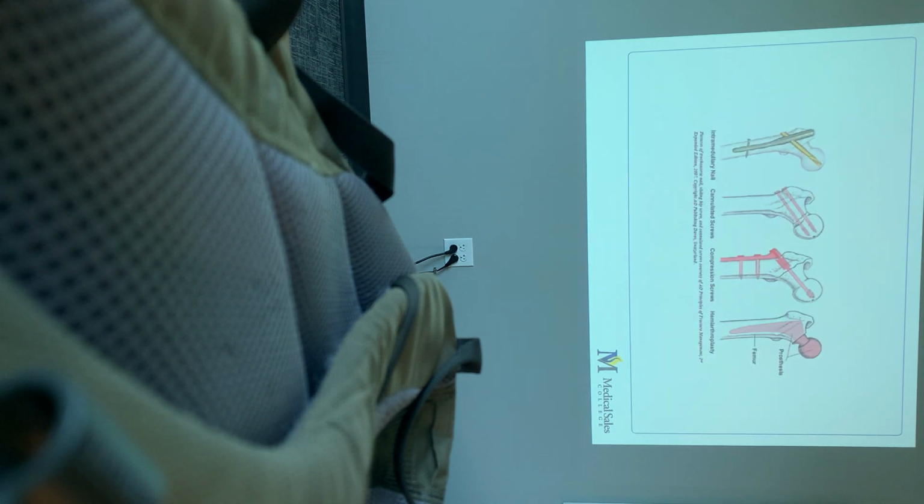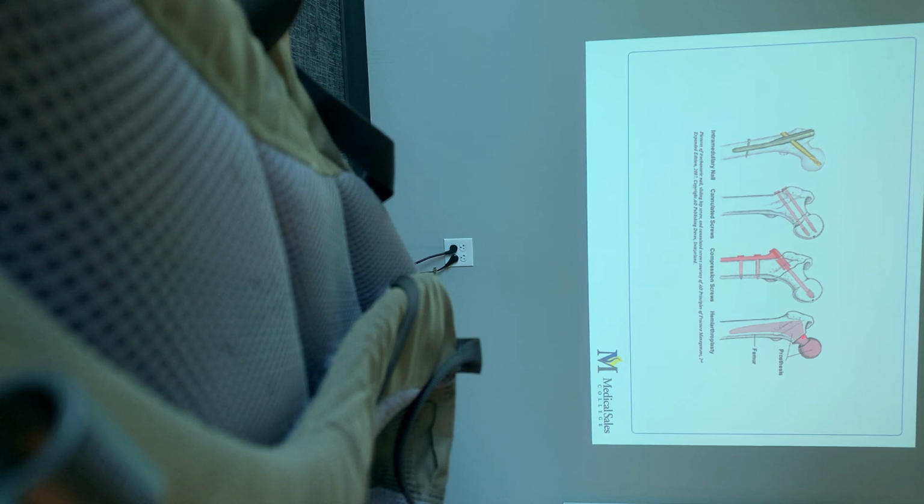And then we got special devices too for our fractured hip. Because a fractured hip can present itself in many ways. And for an undisplaced basic subcapital femoral neck fracture, it is cannulated titanium screws.